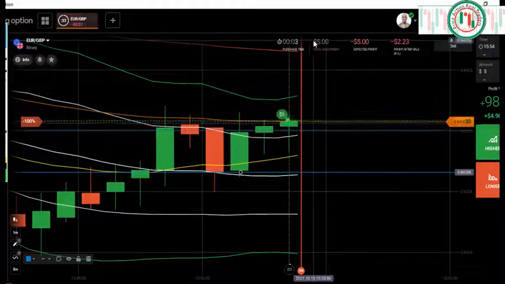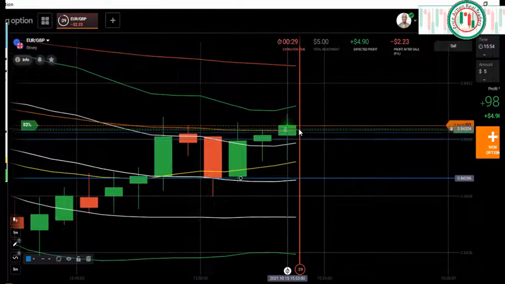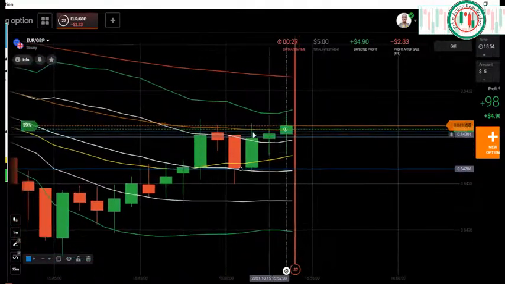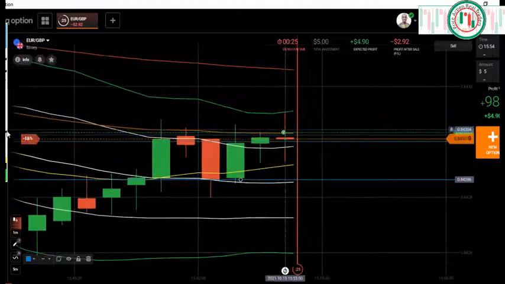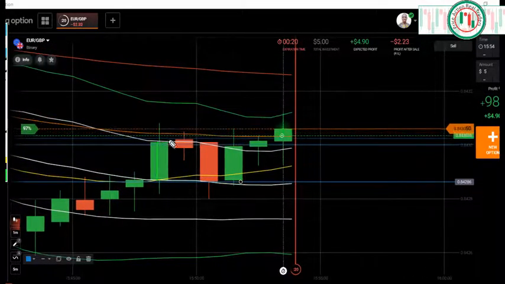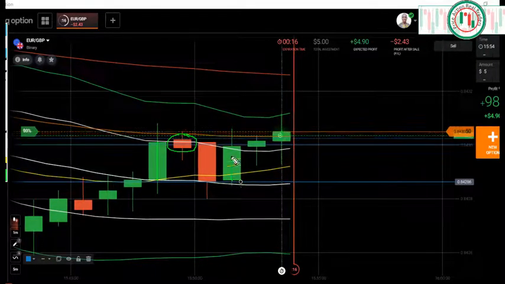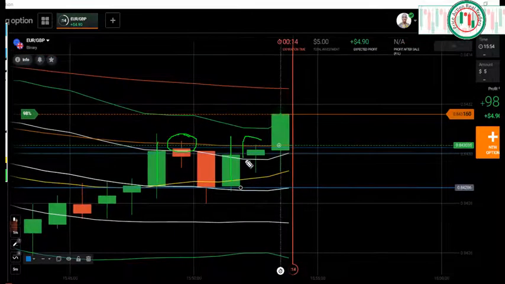I place my trade call option because I know the market will break this level, because what you can observe here, when the market reaches this level you can see sellers entry, but when the market reaches this level again you see buyers.